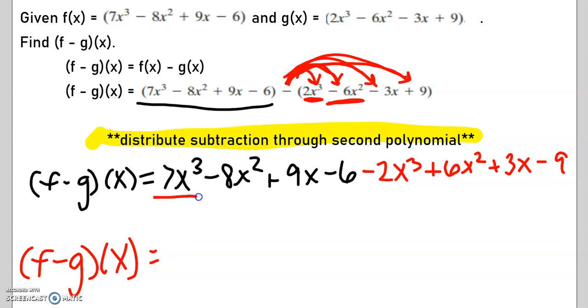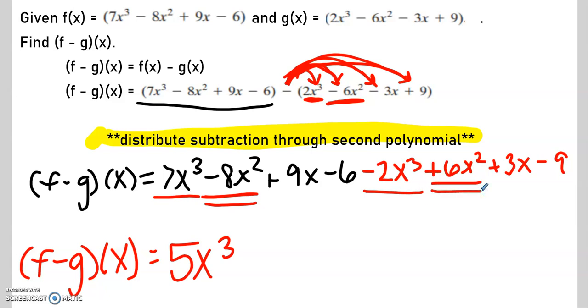Okay, x cubed here, x cubed here. 7x cubed minus 2x cubed is going to give me 5x cubed. What's next? Let's see. Negative 8x squared plus 6x squared gives me a negative 2x squared.